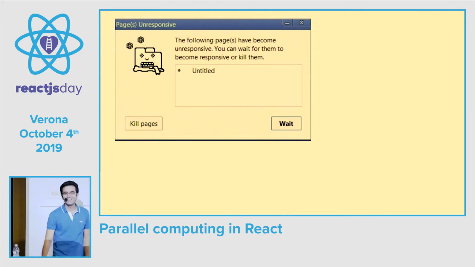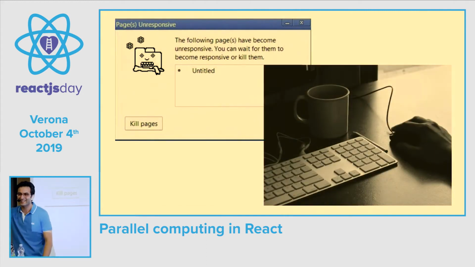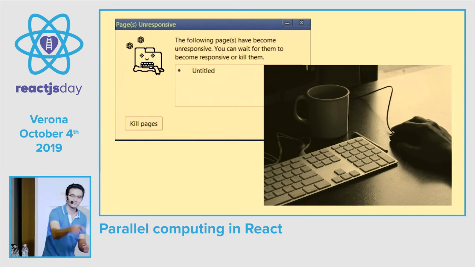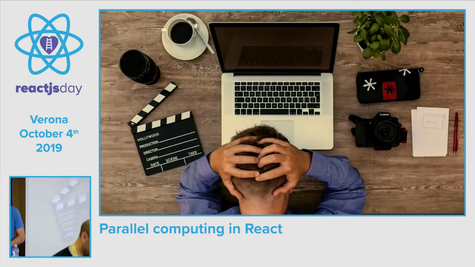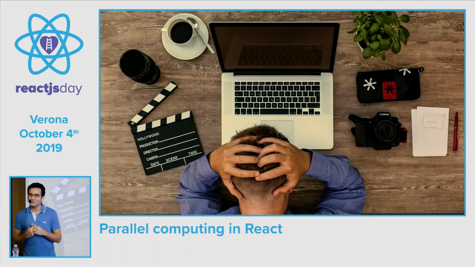Maybe you were clicking on some buttons, trying to get something to work, and then it doesn't work, and then suddenly, boom, it works like magic. All of us, right? Or maybe we built those tools, isn't it? It makes us and our users so frustrated.